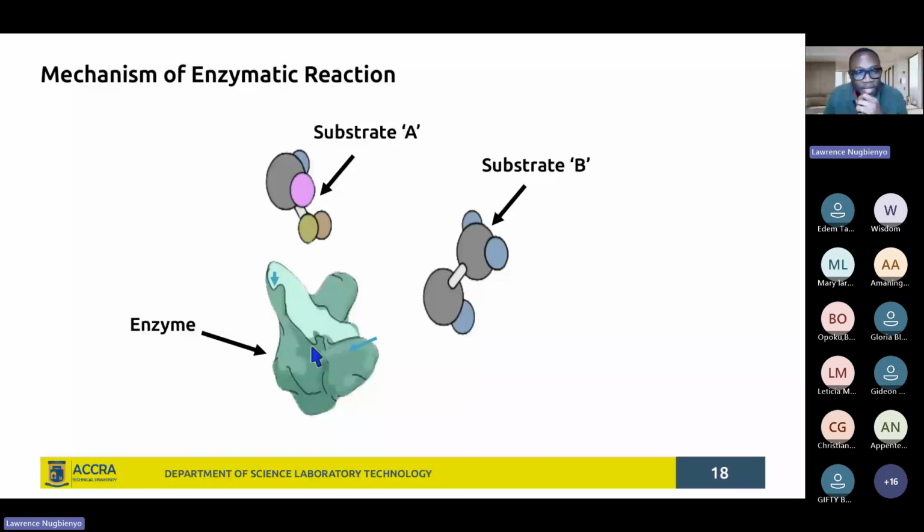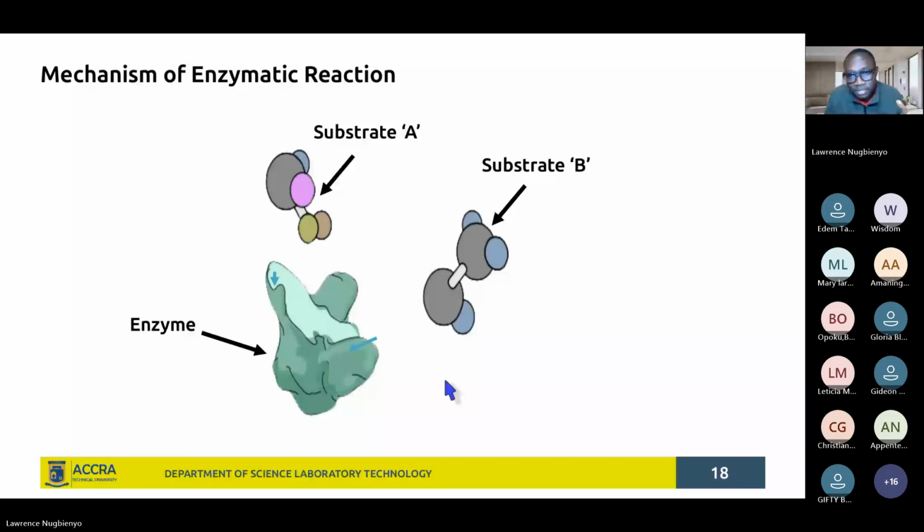So this is an enzyme having an active center. I explained to you the active center is like a pocket and it's supposed to act on, say, a substrate. So we have substrate A, substrate B. So here you have free enzyme, and you have two free substrates.